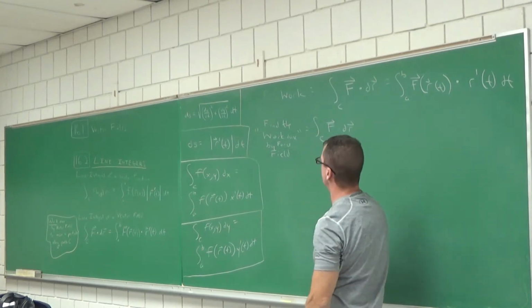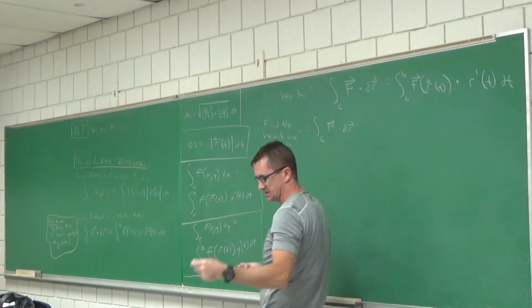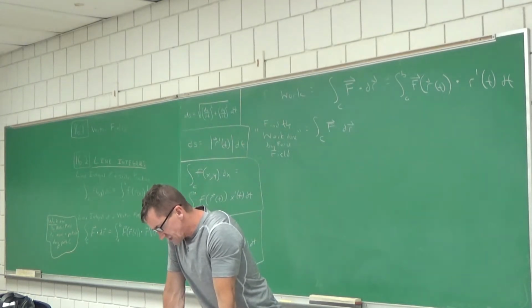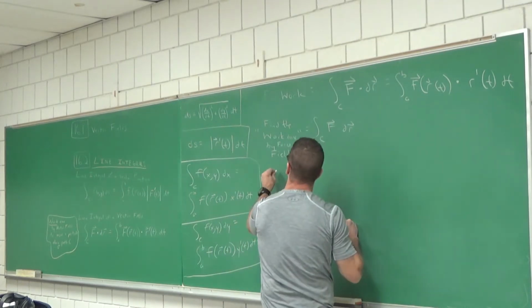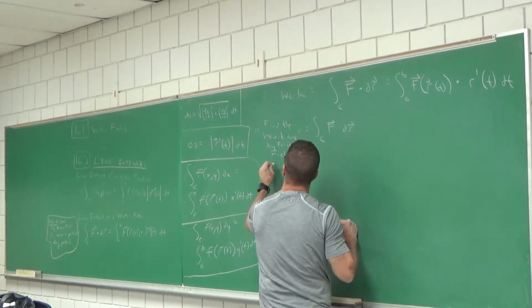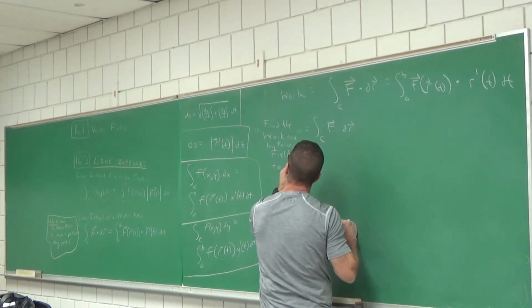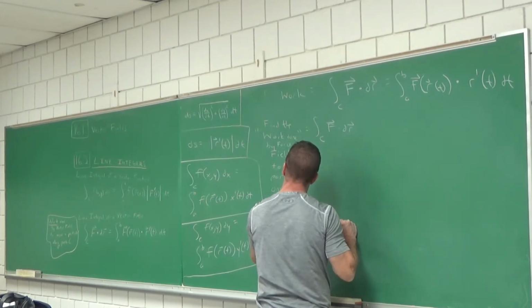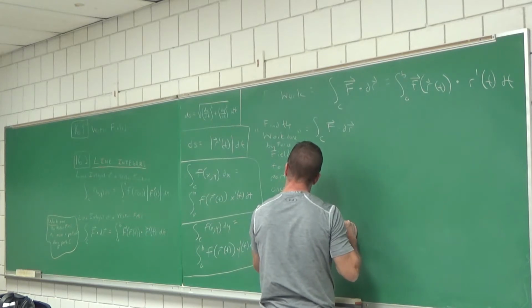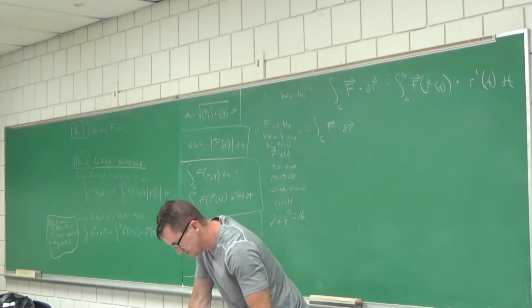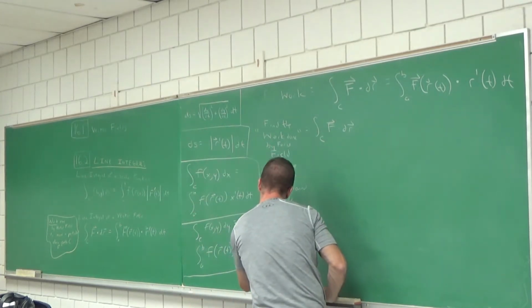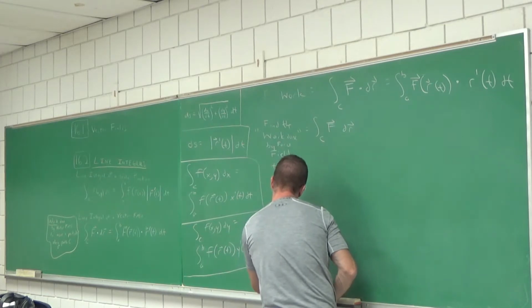Find the work done by the force field to move a particle that moves once around the circle x squared plus y squared equals 16, oriented in the counterclockwise direction. So I'm just going to put counterclockwise in parentheses.